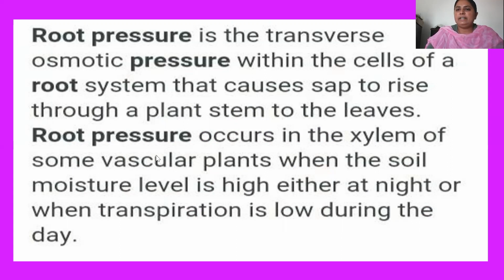Root pressure occurs in the xylem of some vascular plants when the soil moisture level is very high, either at night or when the transpiration rate is low during the daytime. At that time, the movement of water as well as minerals, which is known as sap, takes place with the help of this root pressure.